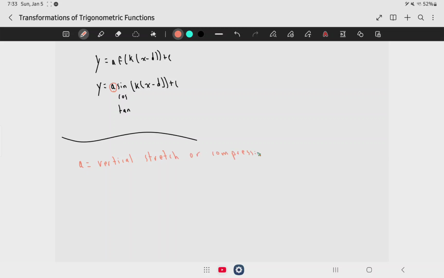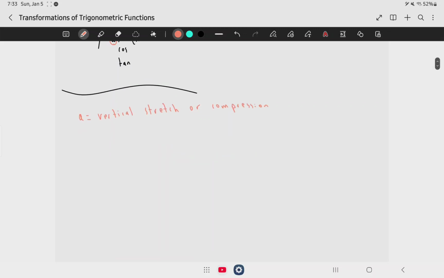So the a affects the y value, meaning if a is greater than 1, it's a stretch, and if a is less than 1, it's a compression. Now, another way to think of a is a for amplitude.